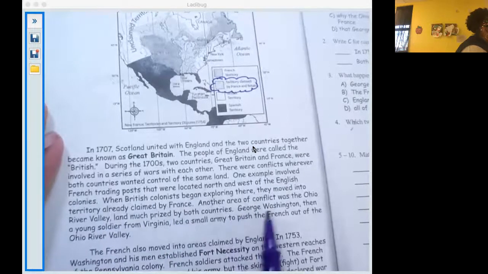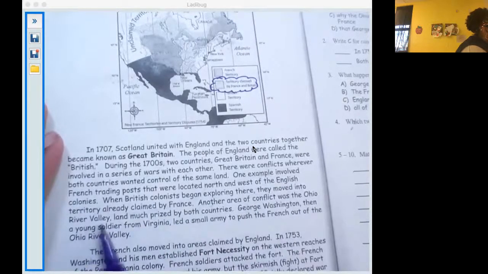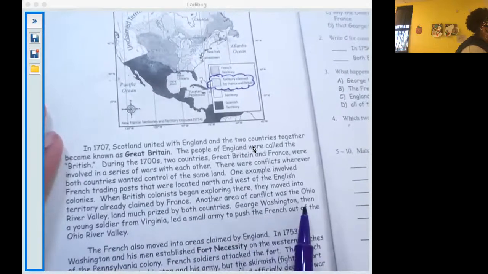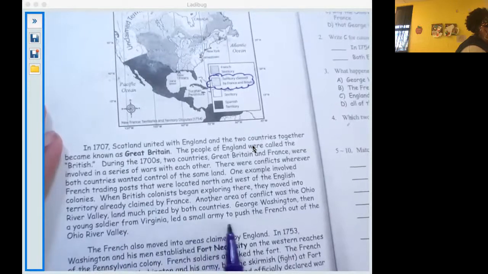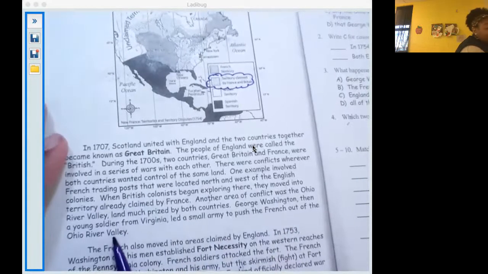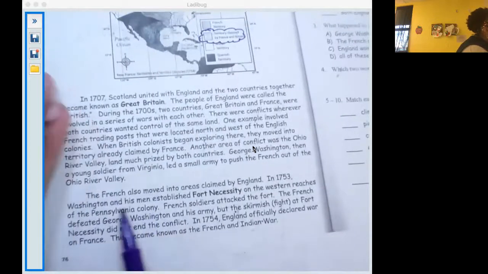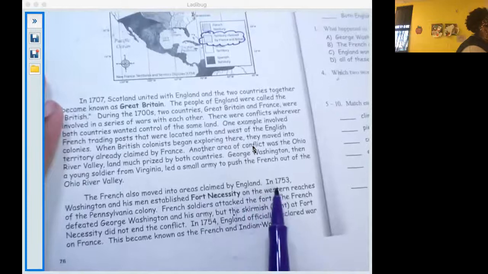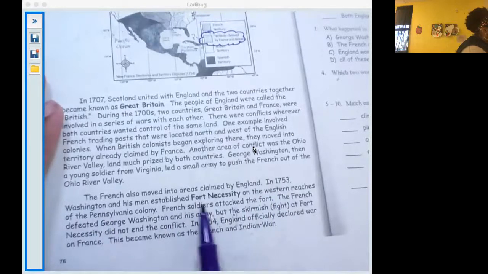Another area of conflict was the Ohio River Valley, land much prized by both countries. George Washington, the young soldier from Virginia, led a small army to push the French out of the Ohio River Valley. The French also moved into areas claimed by England. But in 1753, Washington and his men established Fort Necessity on the western reaches of the Pennsylvania colony.